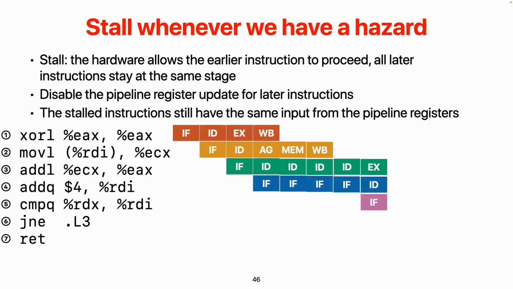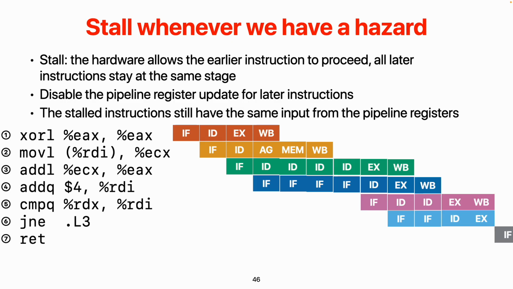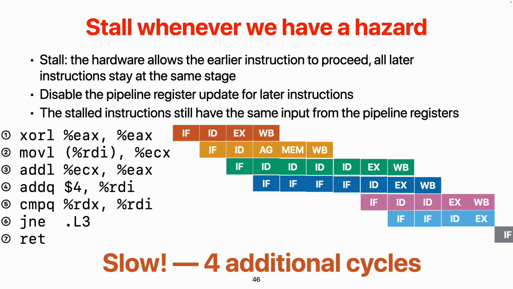So this is actually stalls, right? But as you can see, for this piece of code, if I want to implement stalls, I would actually need 4 additional cycles to execute this instruction, which makes the benefit of pipeline not really attractive, right?